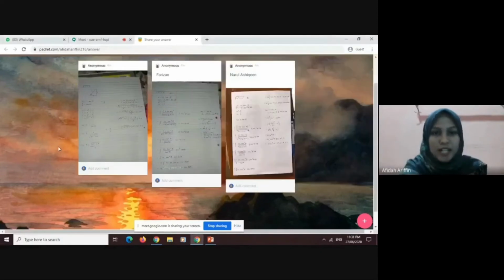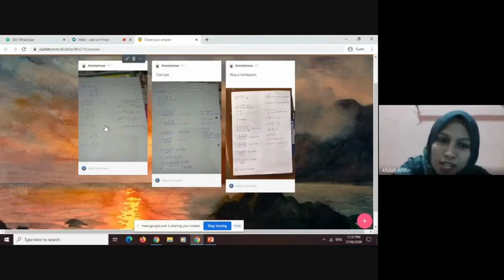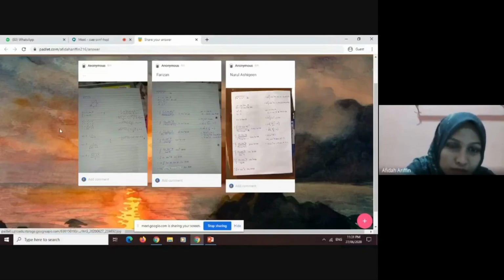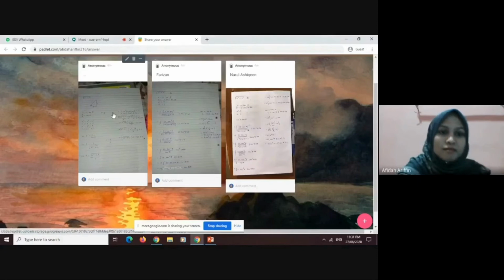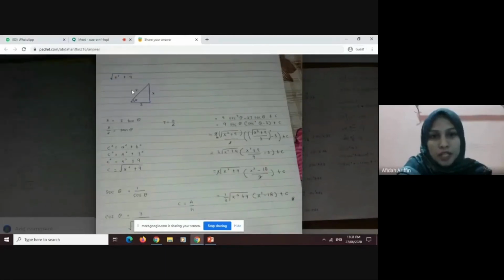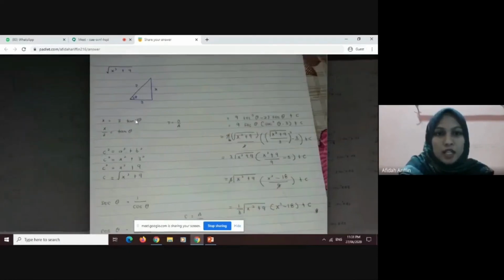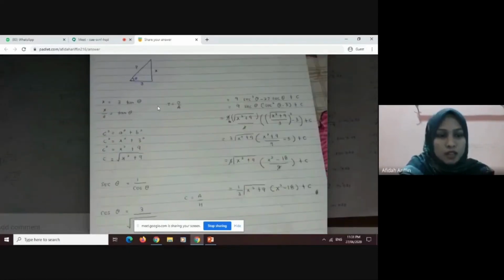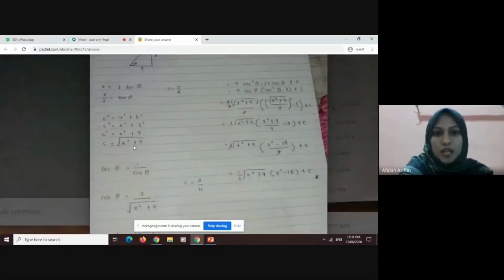Okay, we have another answer. Is it from you, Farizan? I guess this is from Farizan. So look, Farizan did the third step, which is drawing a triangle to find the values of A, B, and C. By using this trigonometric expression, she found the value of C, which is the square root of x squared plus 9.